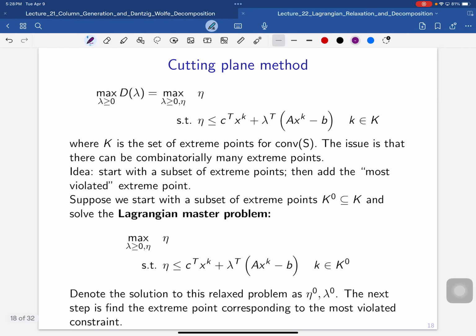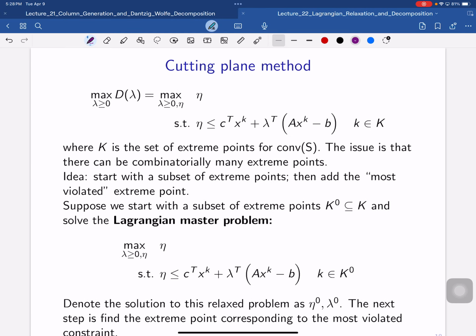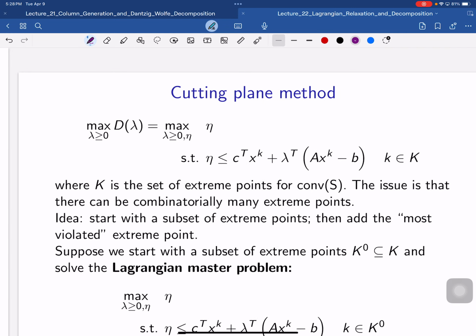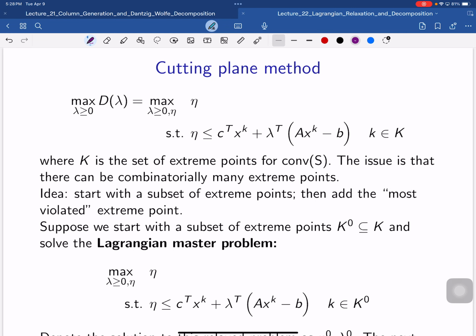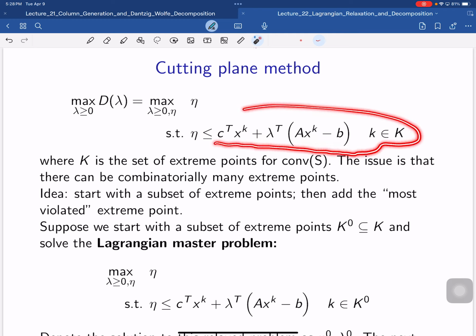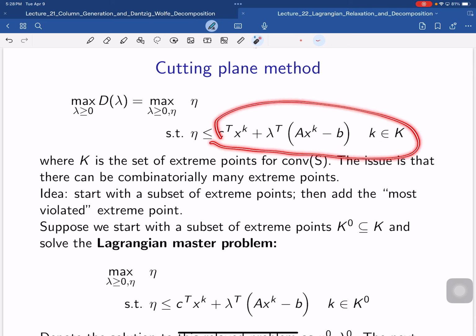So let's first talk about the cutting plane method. Let's first do a very naive reformulation of the problem d lambda. Recall that d lambda is taking the minimum over a number of linear functions, where each linear function corresponds to an extreme point of its feasible region.